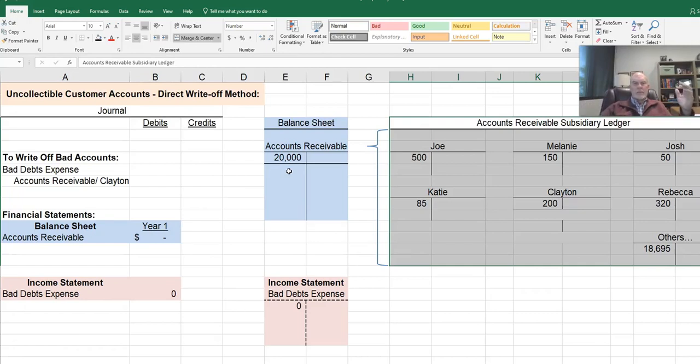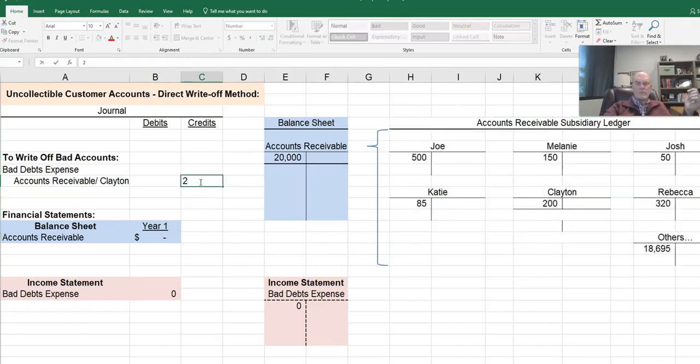Okay, so we have customer totals adding up to $20,000. Let's say we have one customer, Clayton, who owes us $200, and we have determined that Clayton is never going to pay us. So we're ready to write it off. To write it off, we're going to simply credit accounts receivable for the $200 and debit bad debt expense.